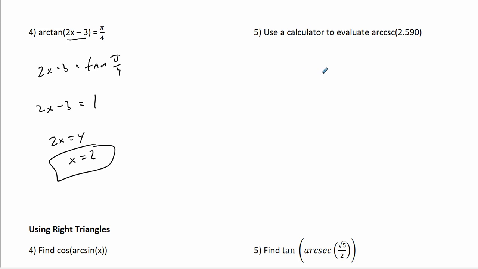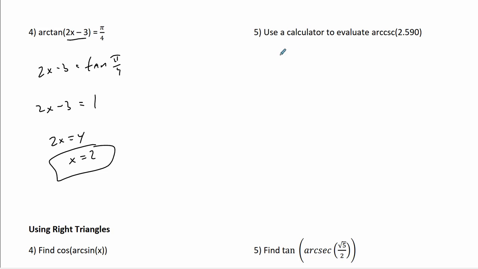Use a calculator to evaluate arc cosecant. I can't really take arc cosecant in your calculator. I guess you could maybe try to do 1/arc sine, but I don't know if that would work. You can maybe try that, I'm not sure, but let's try this here.